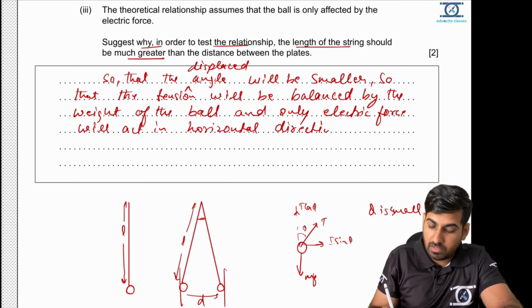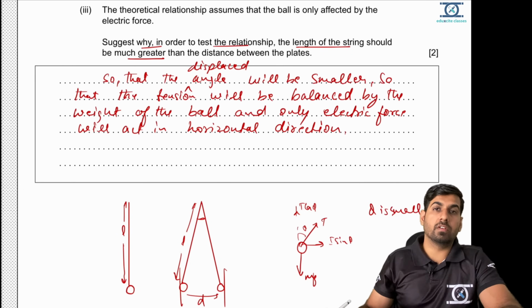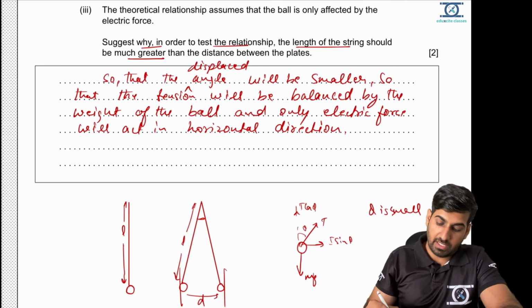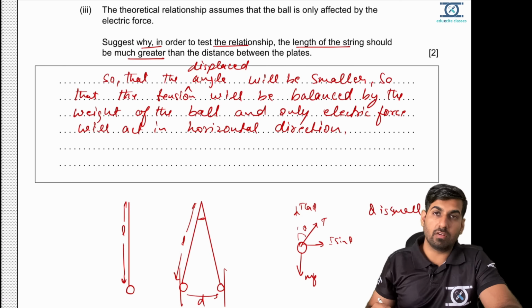Otherwise there will be a horizontal component of the tension, because sin theta will be larger, so this theta will be greater, then we cannot neglect the effect of the tension.